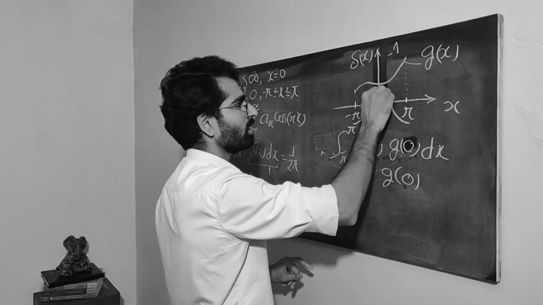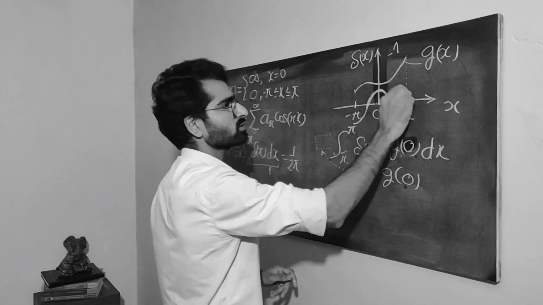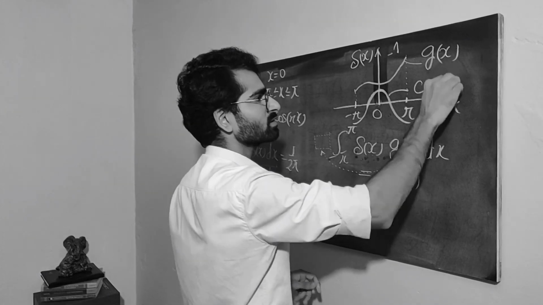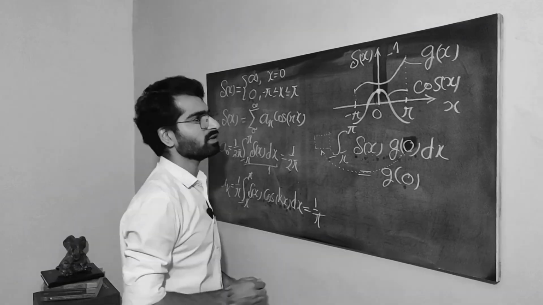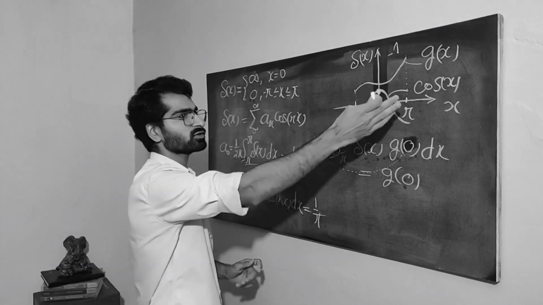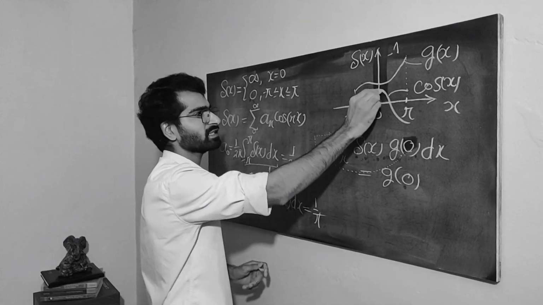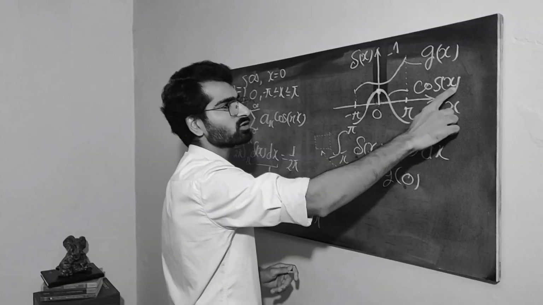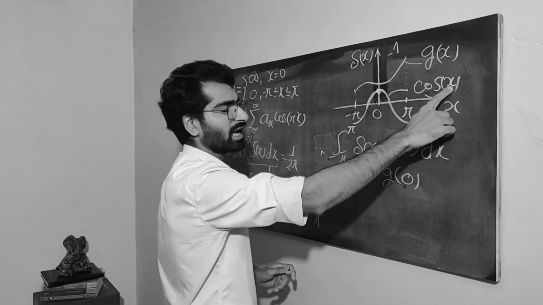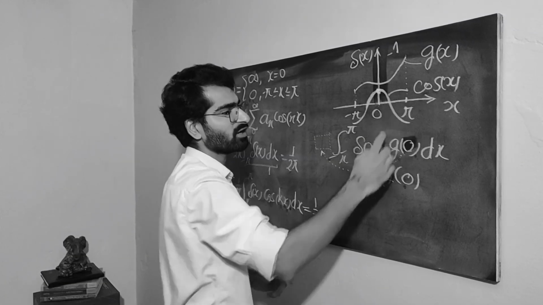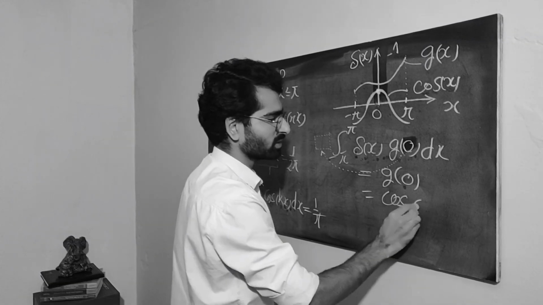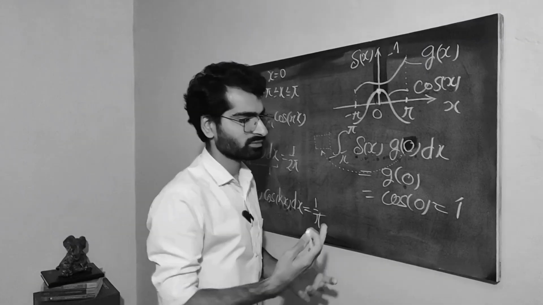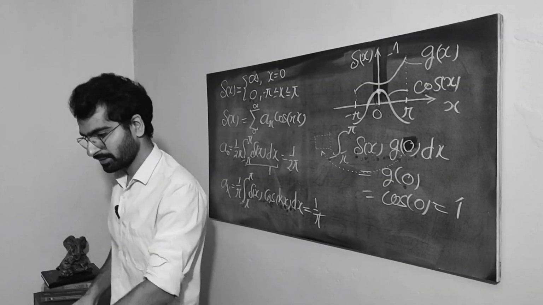And now our delta function will pick the value of the cosine of x at this spike, and at x equals 0, cosine of 0 is 1. So that's what we are left with.